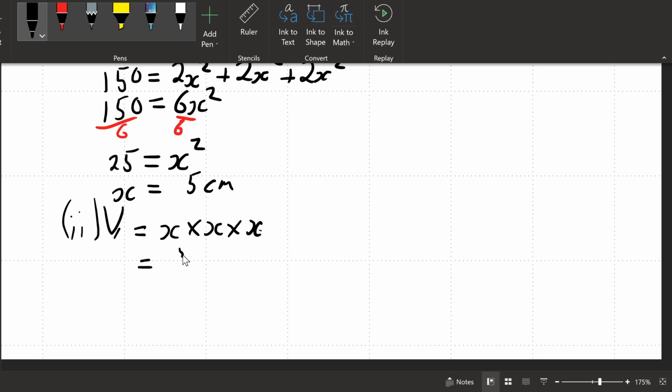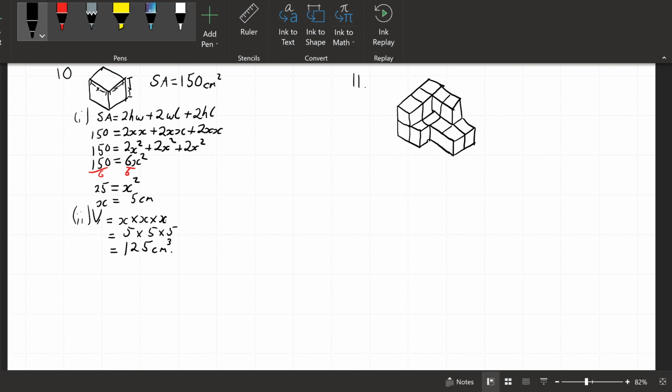It's just 5 by 5 by 5, so it'll end up being 125 centimeters cubed. That's question 10. The tough part of this was figuring out how to find one of the sides. Once you had one of the sides, it was something you could do in your sleep.